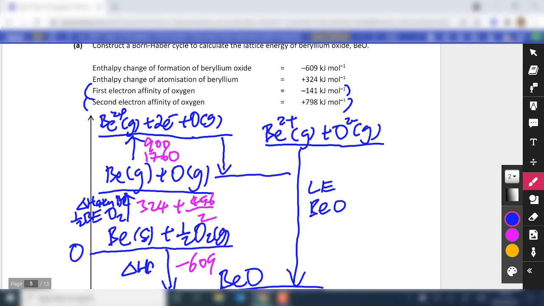So that will give us Be2+ gaseous plus electrons plus O- gaseous. Then after that we move out again. So we're going to put in the values here. This will give us negative 141, and 798.